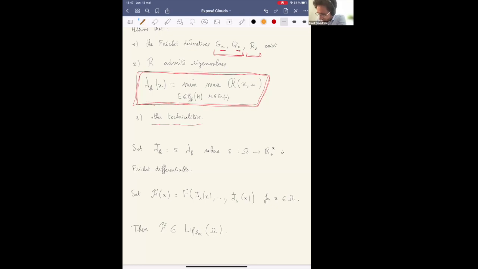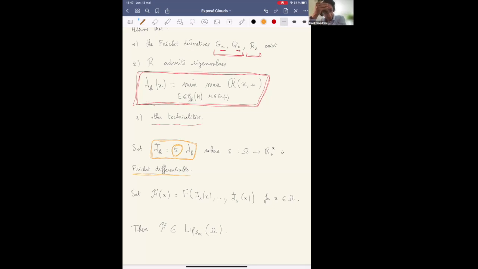And so we rescale these abstract eigenvalues lambda_k by some scaling function s, and the only assumption that we make on this scaling function is that it's Fréchet differentiable.